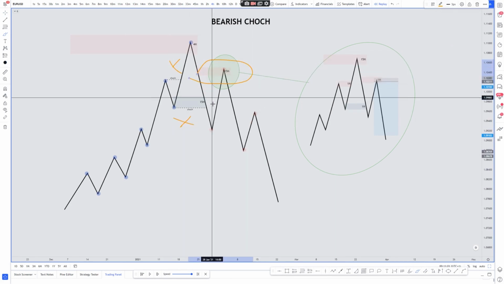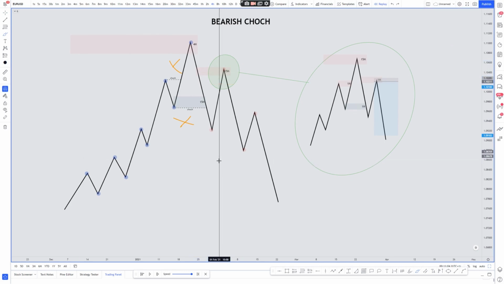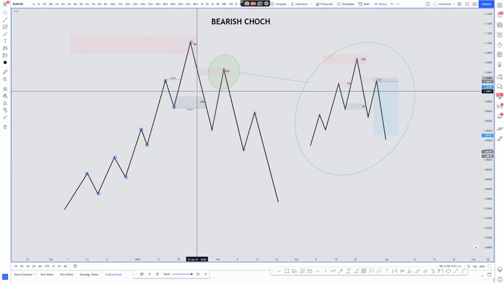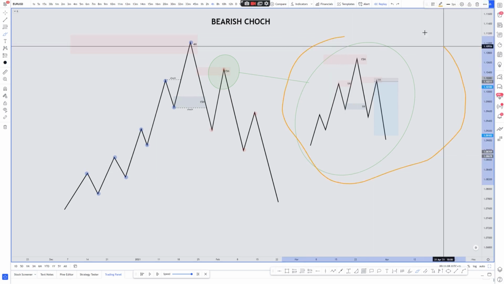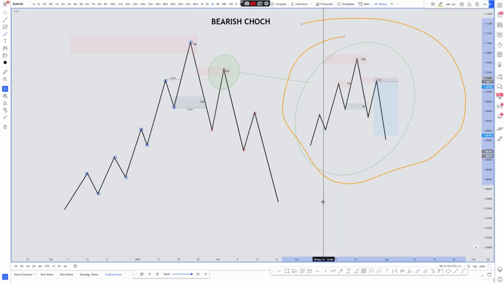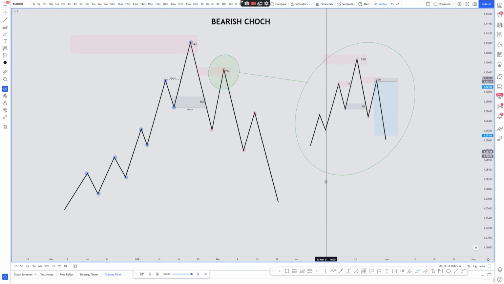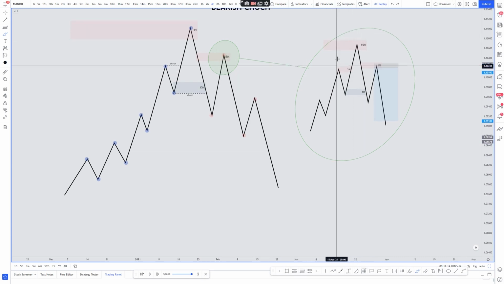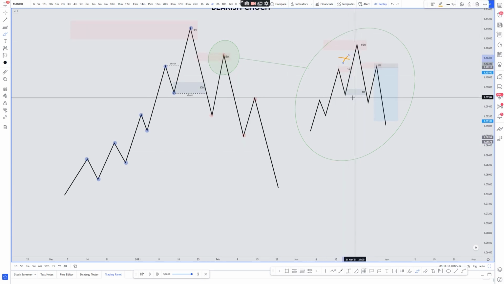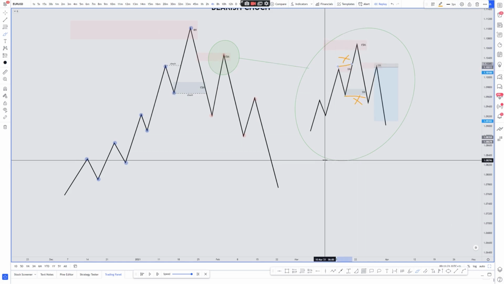You find the cause, and ultimately we're going to look for an entry on a smaller time frame, such as the 1-minute, where we will basically look for the exact same setup again. We sweep the highs and we sweep the lows, ultimately completing the CHOC.